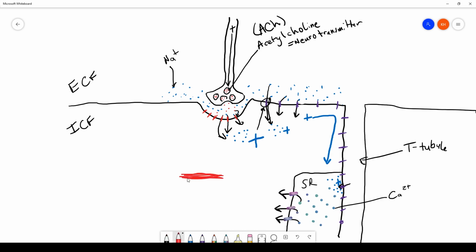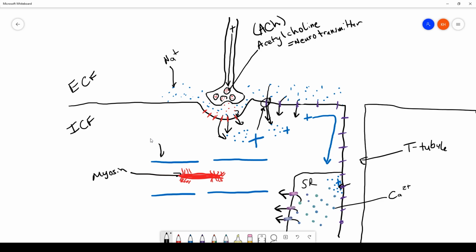The calcium then travels to the sarcomere, where we have thick filaments called myosin with heads, and thin filaments called actin with active sites. Recall that actin has regulatory proteins wrapped around them. These two regulatory proteins are tropomyosin and troponin.